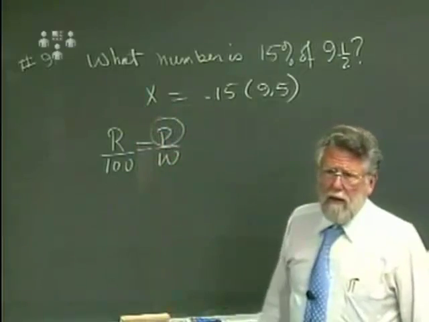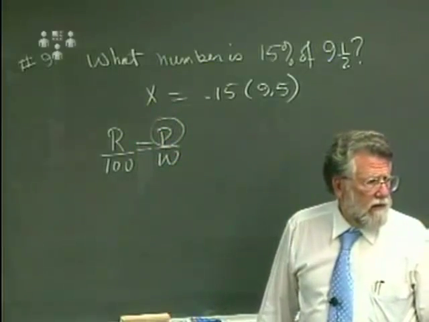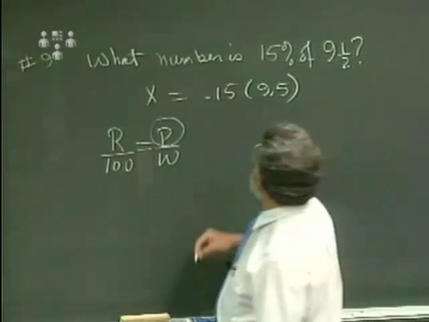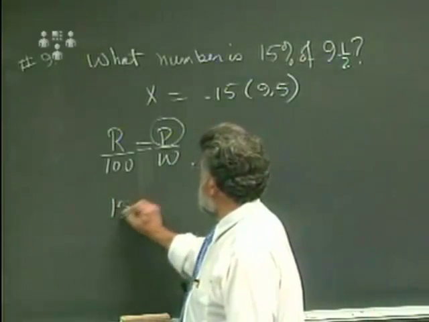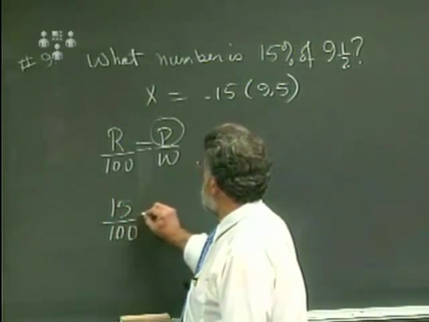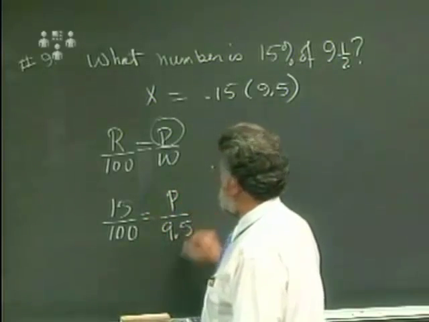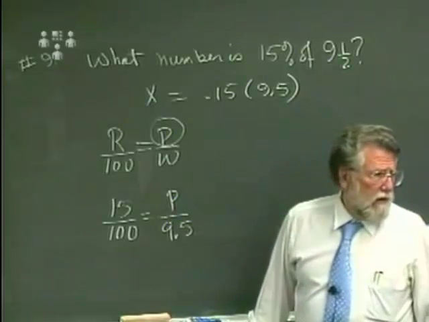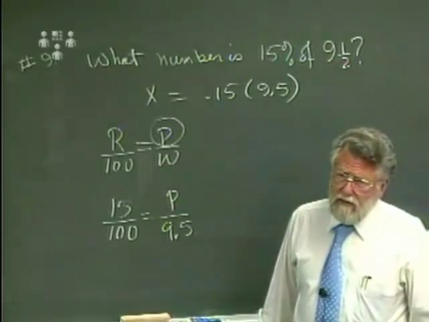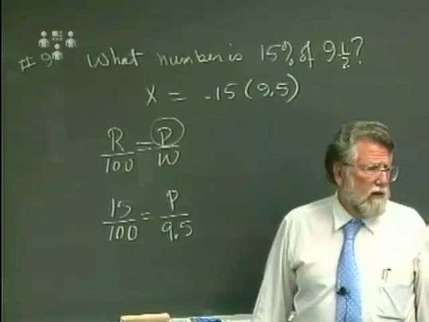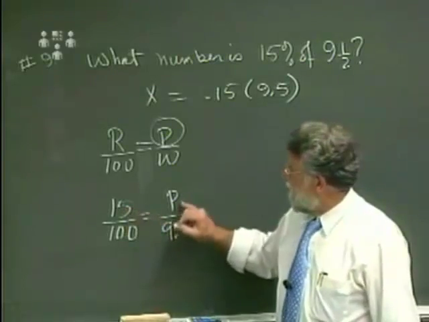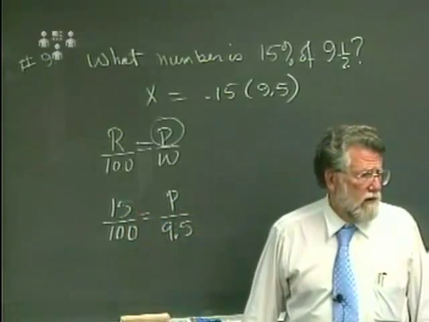So this is the one letter I don't have. So to that extent, I have 15 over 100 is equal to P over 9.5. That's just substituting. Got 3 things. I know 2 of them. Substitute the 2 I have and solve for what I don't have.